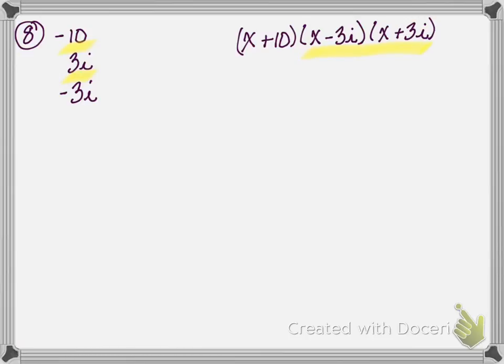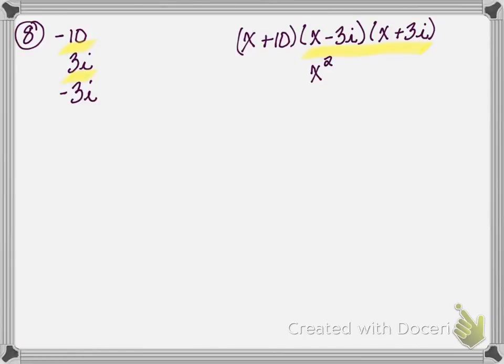The first thing that we're going to do is FOIL our x minus 3i and our x plus 3i. It's always a good idea to FOIL those conjugates first because we use the difference of perfect squares and we get a nice rational number that goes with that factor. So always FOIL your conjugates first. I am going to FOIL the two that I have highlighted, and I'm going to get x squared.